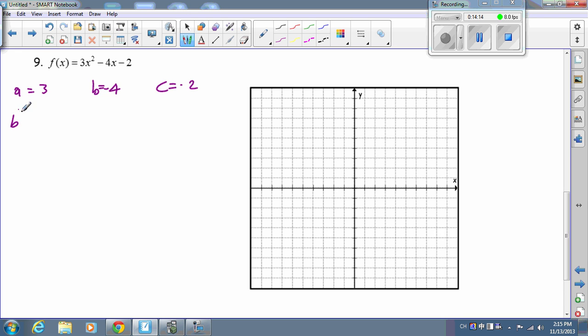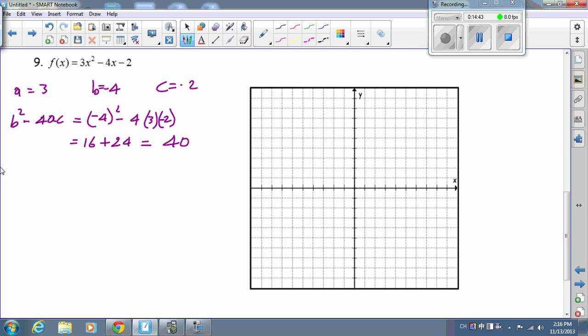If I do b squared minus 4ac, I will get negative 4 squared minus 4 times 3 times negative 2. This is 16, so I will say 16 plus, by the way, this is negative 2. Negative times negative gave me a positive. 4 times 3 is 12, times 2 is 24, so I end up with 40.